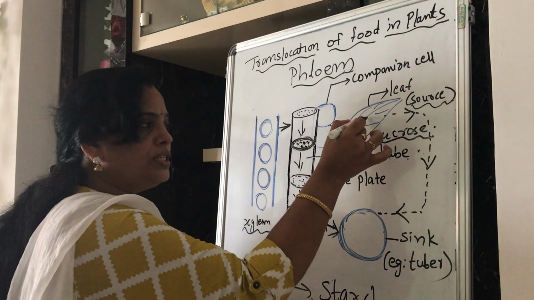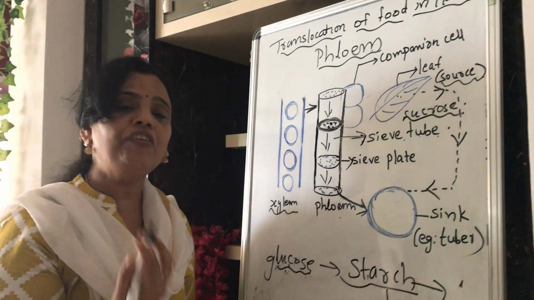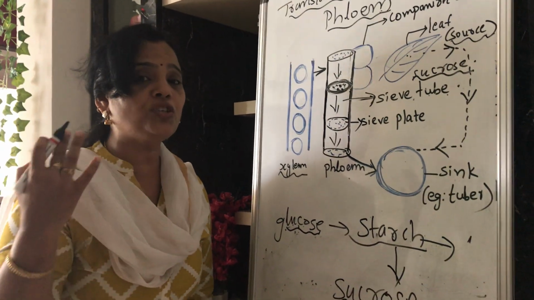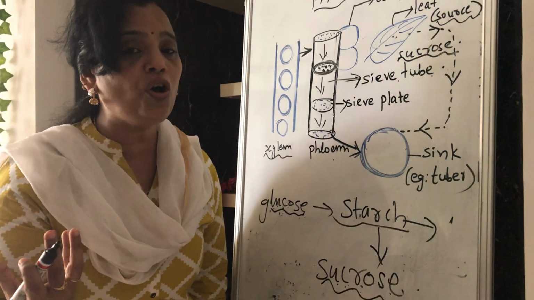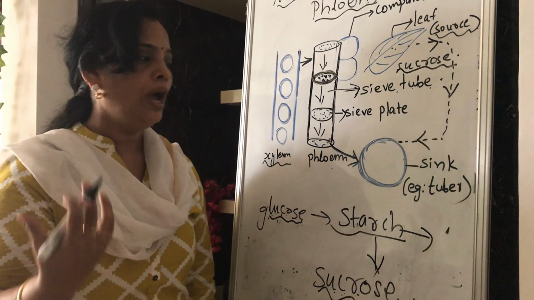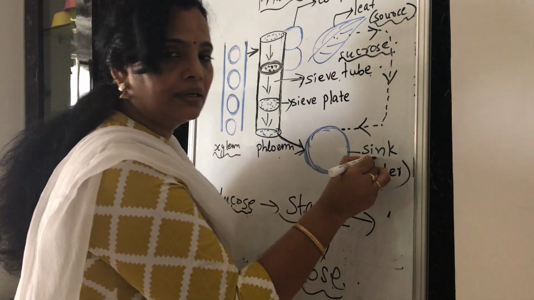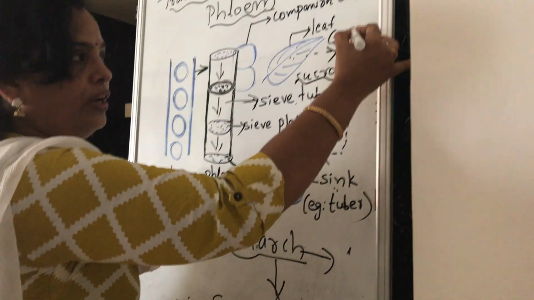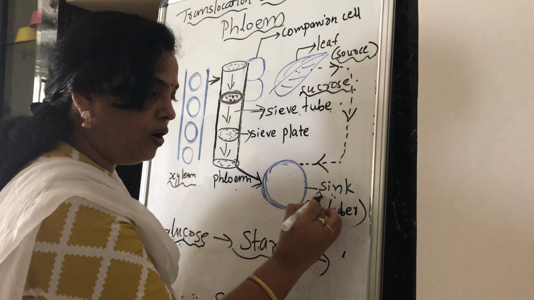Now from the source, this food should reach every part of the plant body, but first it should reach the storage tissue. Wherever the food gets stored is called storage tissue, and let us call it a sink. So leaf is the source. Wherever it gets deposited or stored is called sink.